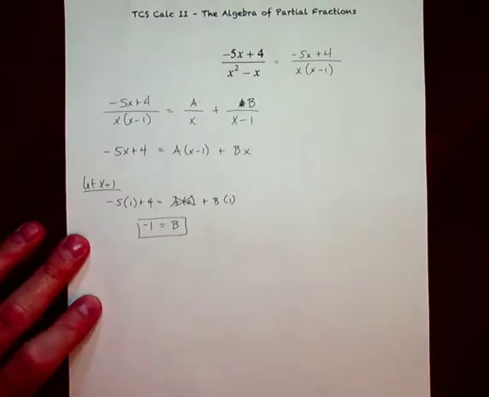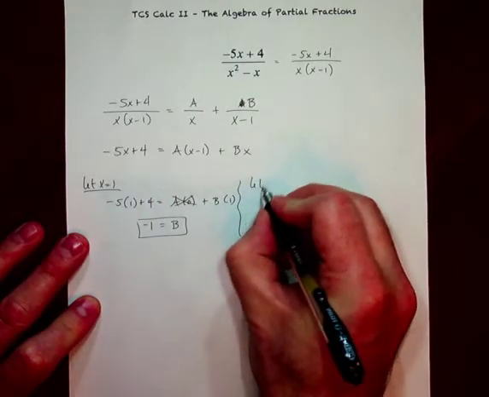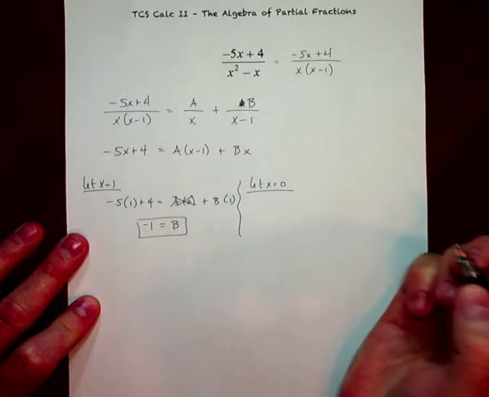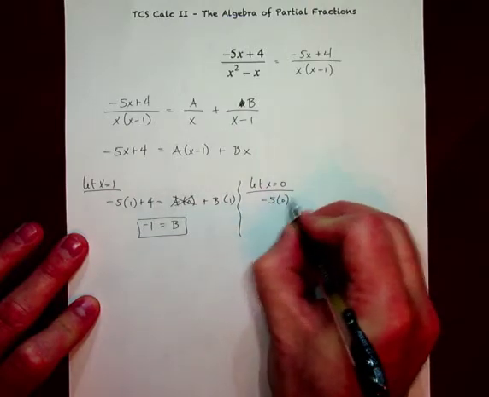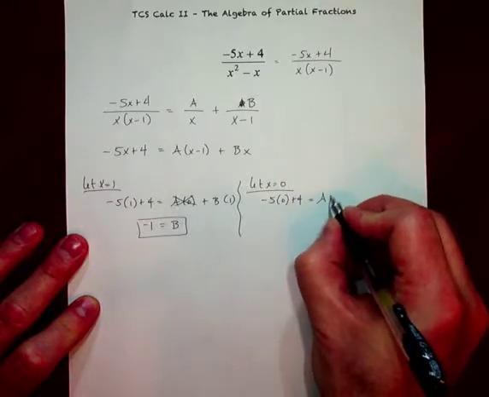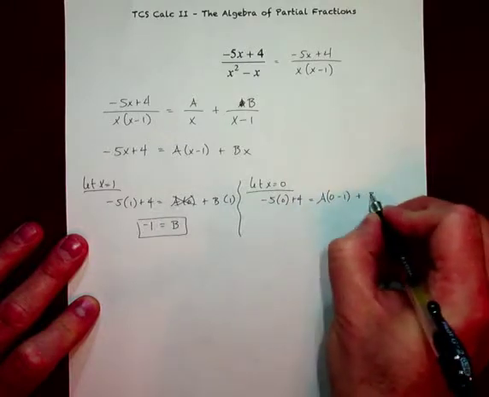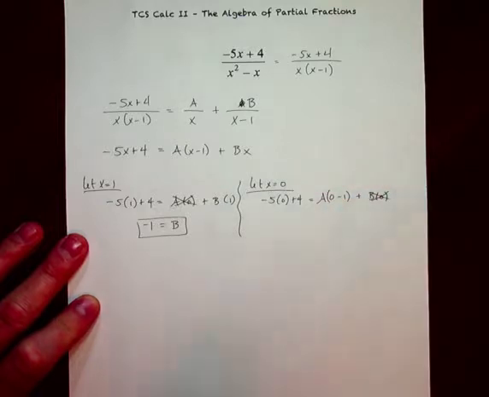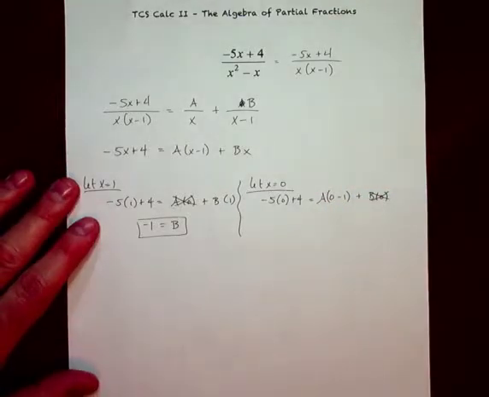Okay, well, that's helpful. Let's go ahead and let x equal 0. That's going to be negative 5 times 0 plus 4 is equal to a times 0 minus 1 plus b times 0. That goes bye-bye. Again, that was kind of the point.